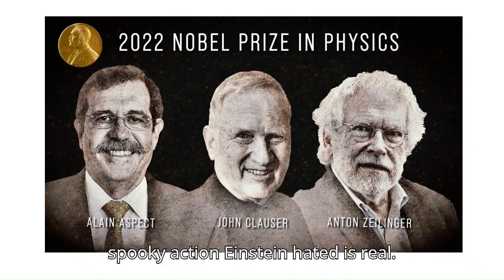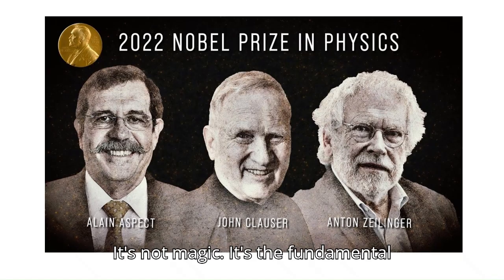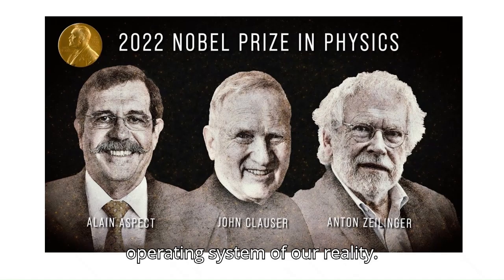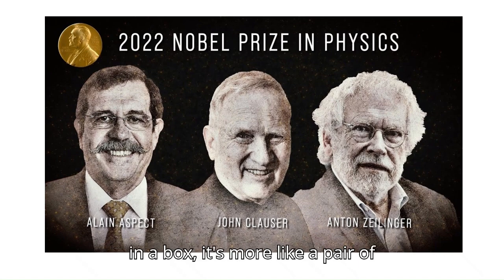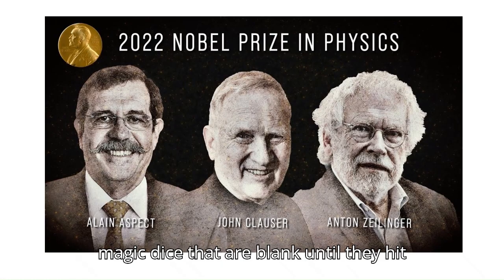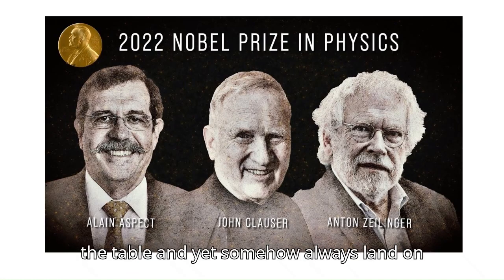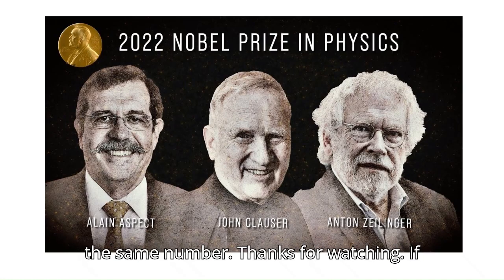They proved that the spooky action Einstein hated is real. It's not magic, it's the fundamental operating system of our reality. The universe is not like a pair of gloves in a box. It's more like a pair of magic dice that are blank until they hit the table, and yet somehow always land on the same number.